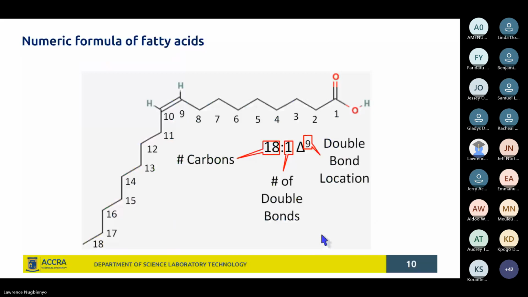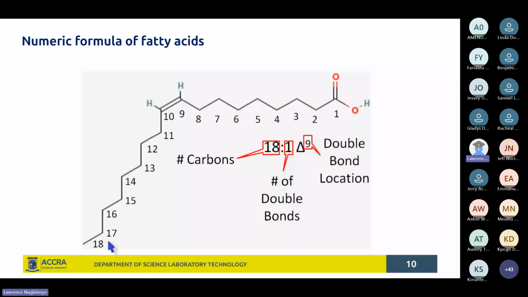Now, you also have some numeric representation of these fatty acids, which you also want to revise yourselves. You can represent a long chain fatty acid just with numbers. For instance, if you take a look at this structure, it's having 18 carbons in it.